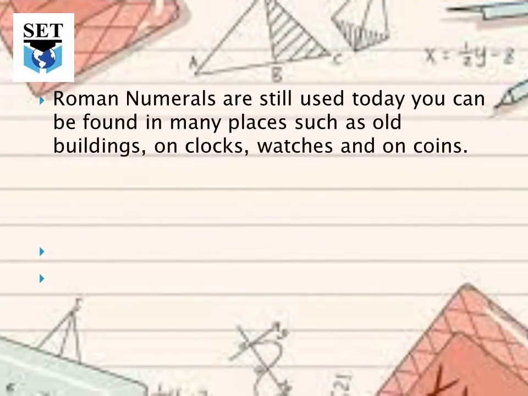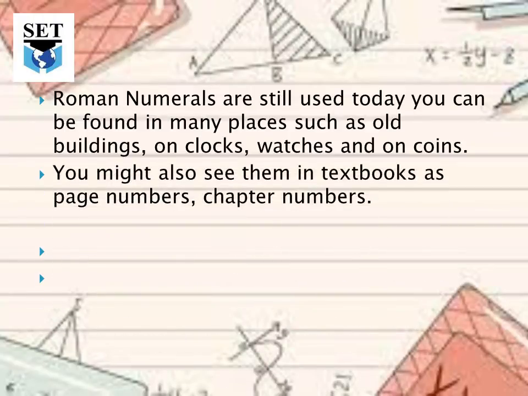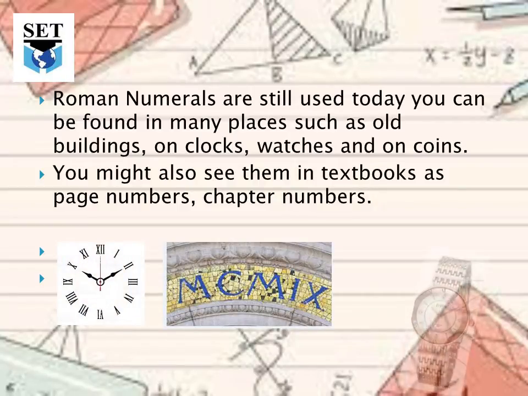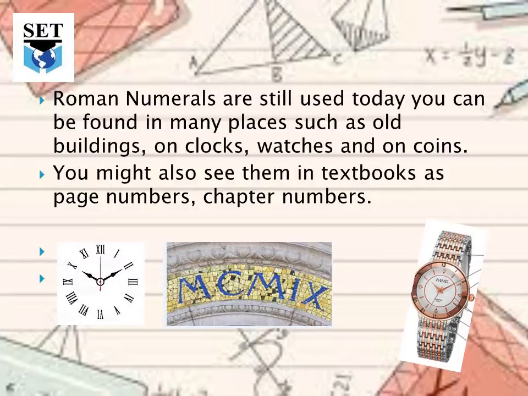Roman numerals are still used today. You can find them in many places such as old buildings, on clocks, watches, and on coins. You might also see them in textbooks as page numbers and chapter numbers. These are the places you can find Roman numerals.